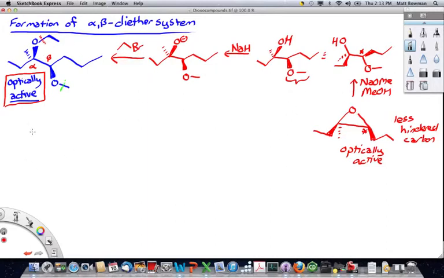The other possibility is if instead of making this bond last, make this bond last. In which case you're adding methyl bromide to this alkoxide.